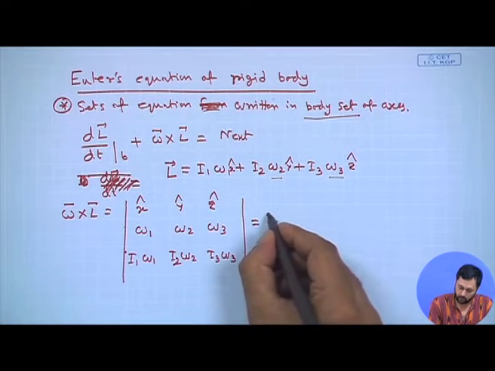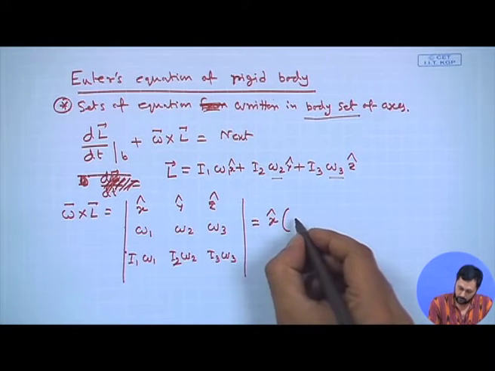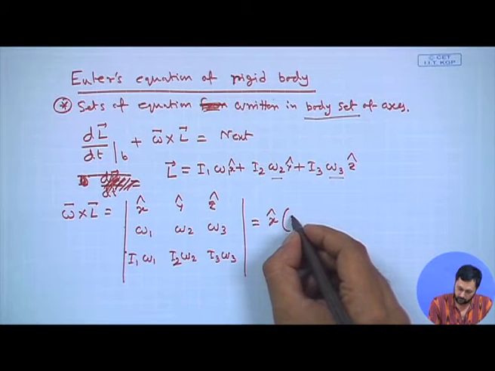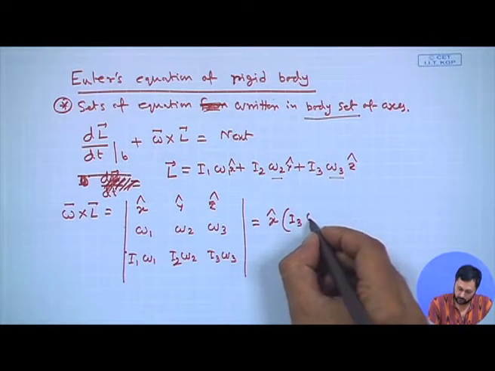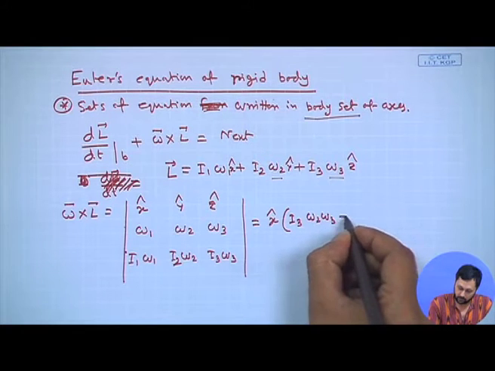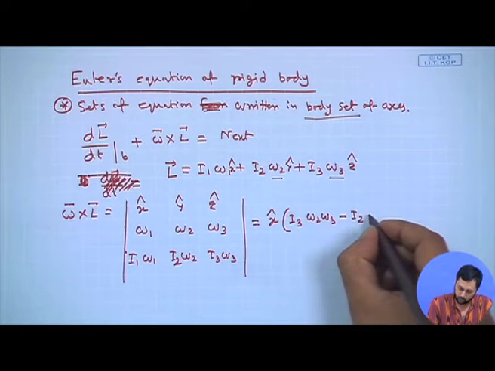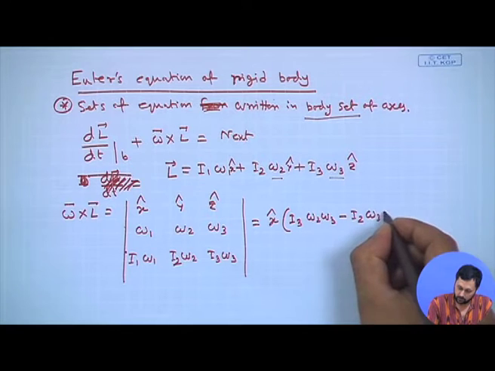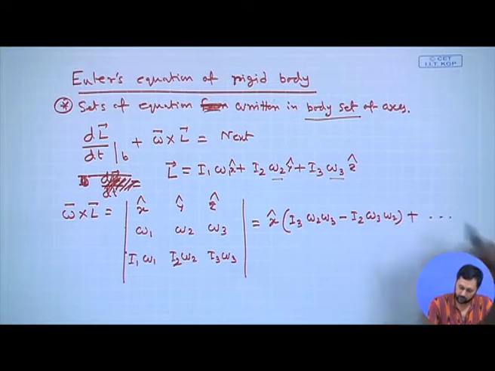Which you can find out is I3 omega 2 omega 3 minus I2 omega 3 omega 2 plus terms like this.